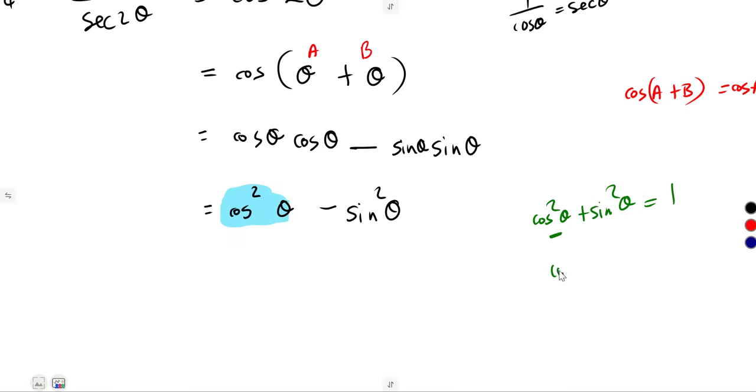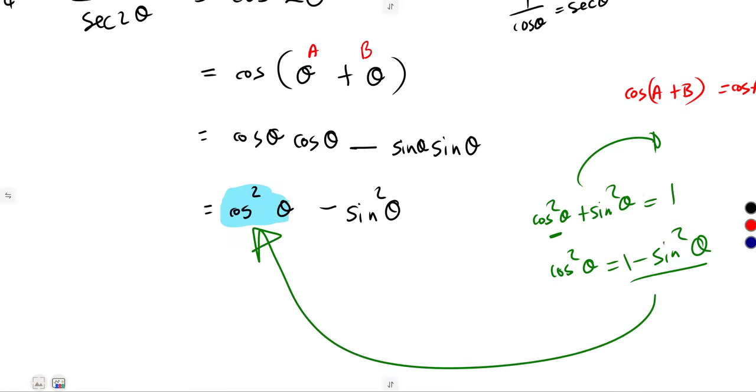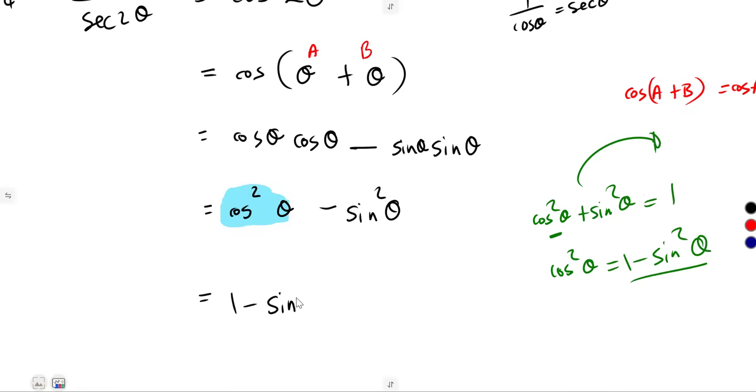So what about cos squared theta? It is equal to what? Take the sine to the other side. 1 minus the sine squared of theta. This is what represents the cos squared of theta, which is 1 minus sine squared of theta. Minus what? Which we are already given, minus sine squared of theta.